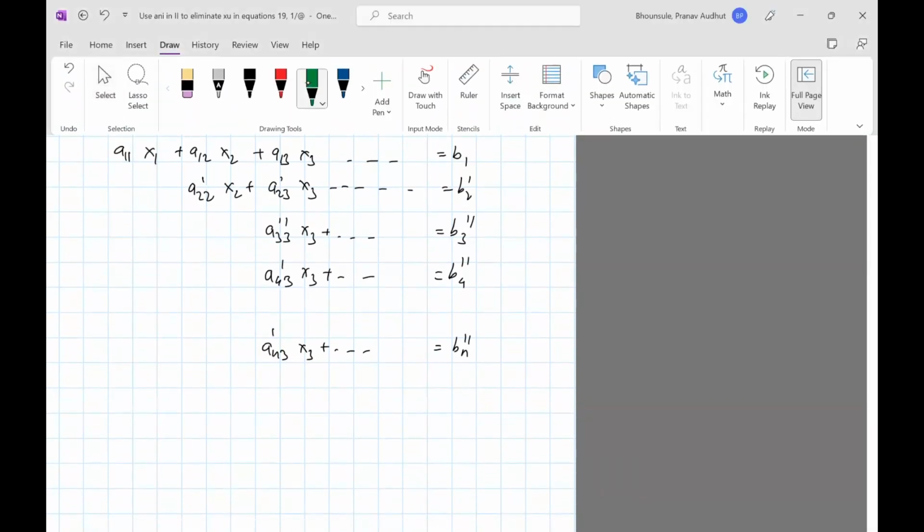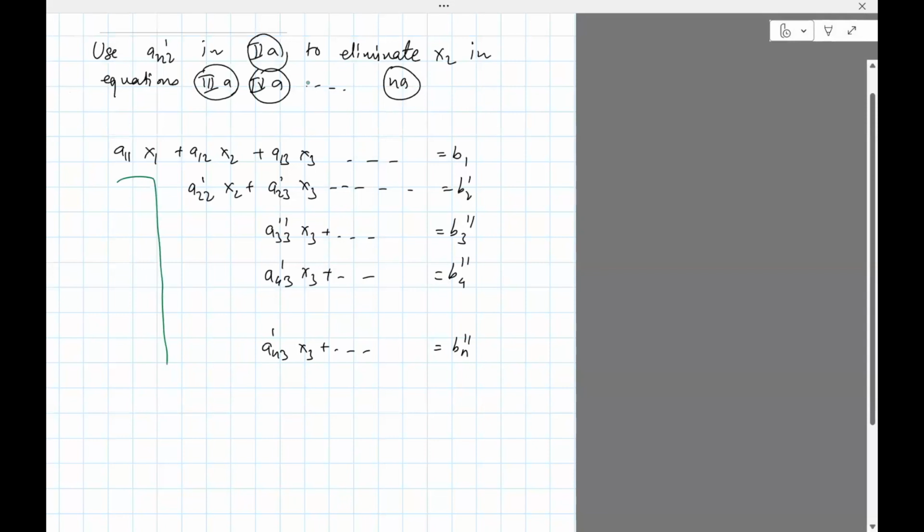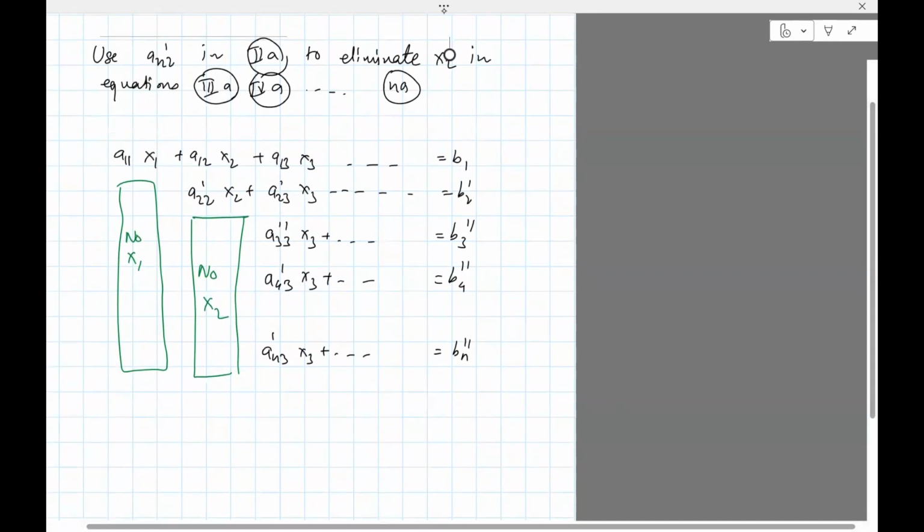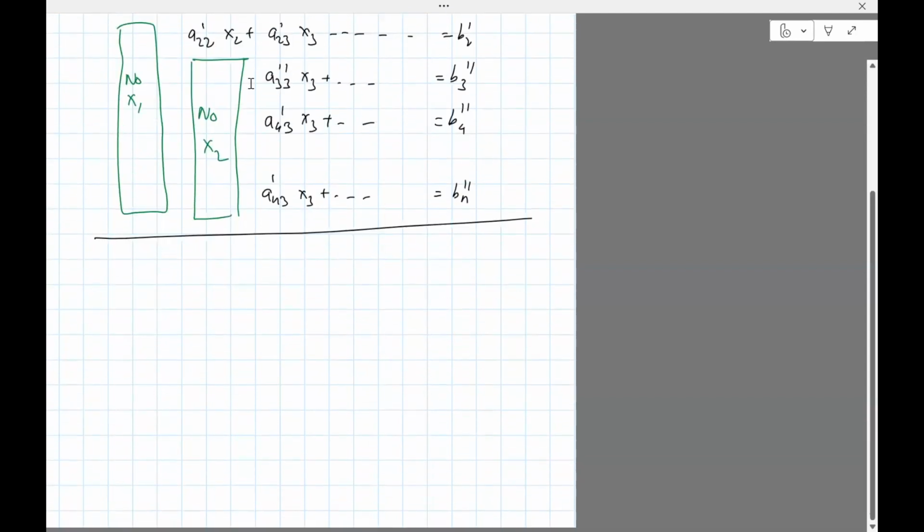So you see what's happening? We are slowly getting a pattern, which is after step 1, there was no x1. After step 2, there's no x2 here. So if you keep doing that, you'll clearly see that after n such steps or iterations, we will get something like this. Sorry, my bad.